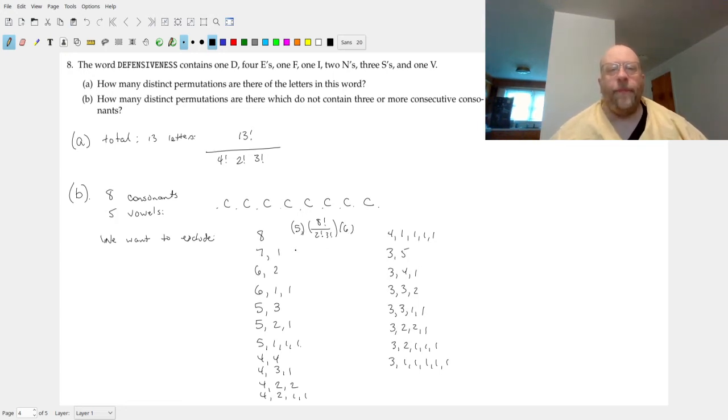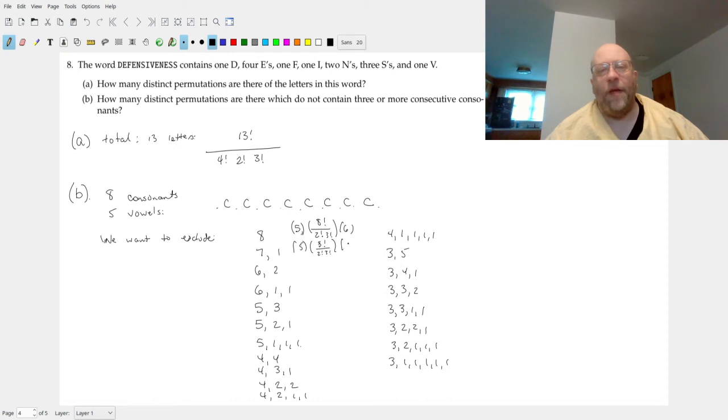Okay. All right. Then 7 and 1, we are arranging the vowels, arranging the consonants, and then placing 7 of the consonants in one slot and 1 of the consonants in one of the other slots.